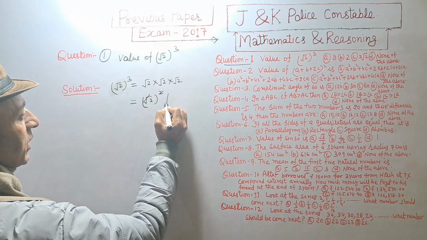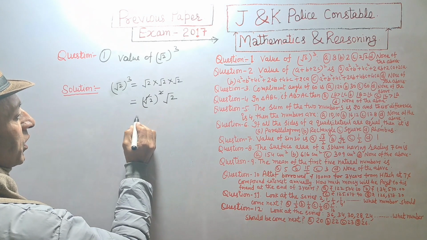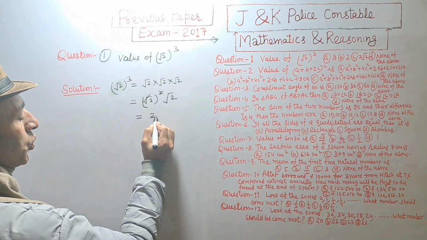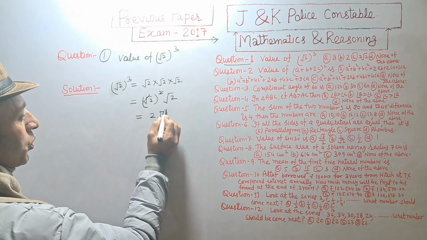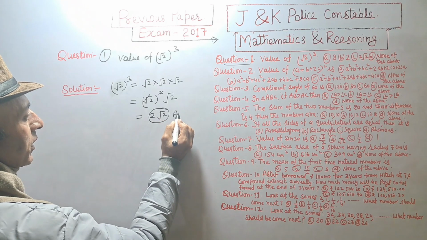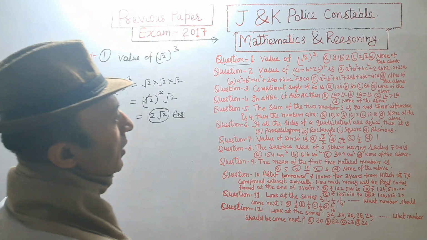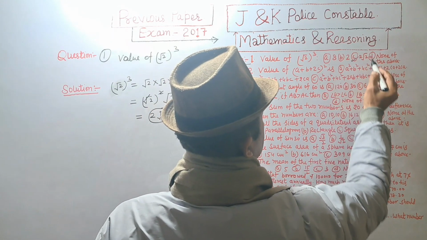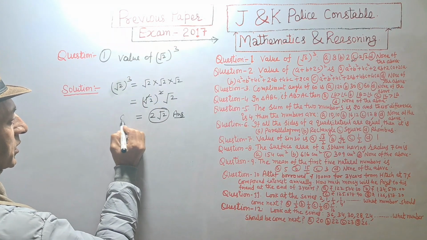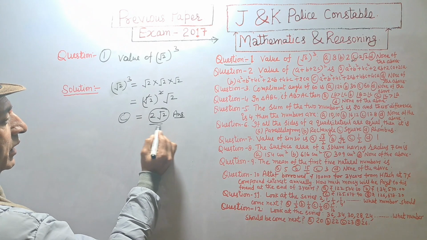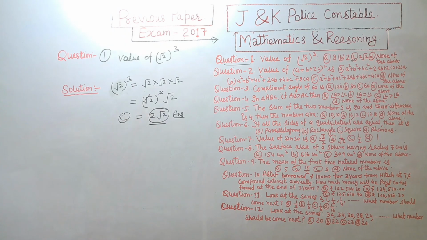This is cancelled, and into root 2, we get 2 into root 2. Answer, that is option number C. So option C is correct answer.